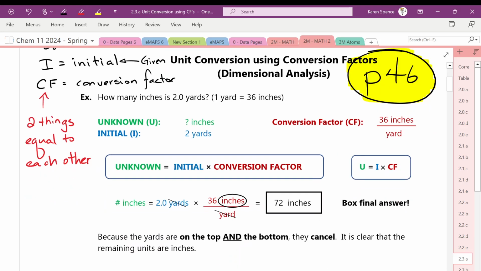And what you do is you put thing A over top of thing B. All right, and that's what a conversion factor looks like. It looks like one thing over another thing. So that tells you how we are going to attack these problems. It won't make sense until we've done some of them, okay?